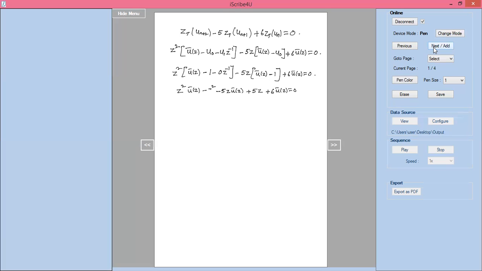I'll write z square minus 5z plus 6 into u bar of z minus z square plus 5z equal to 0. So z square minus 5z plus 6 into u bar of z equal to 5z minus z square.